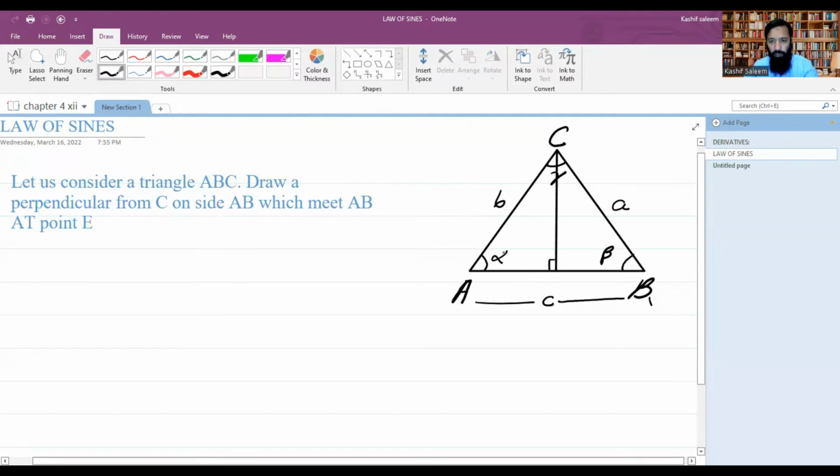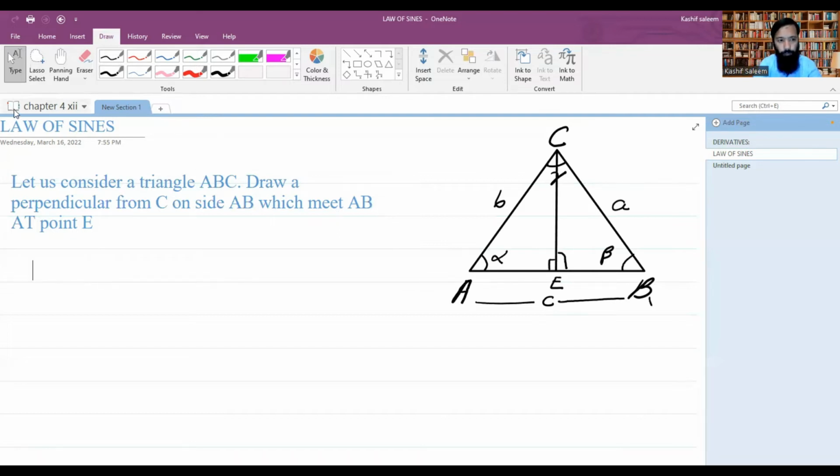One is CAE and the other one is CBE. First consider triangle CAE.